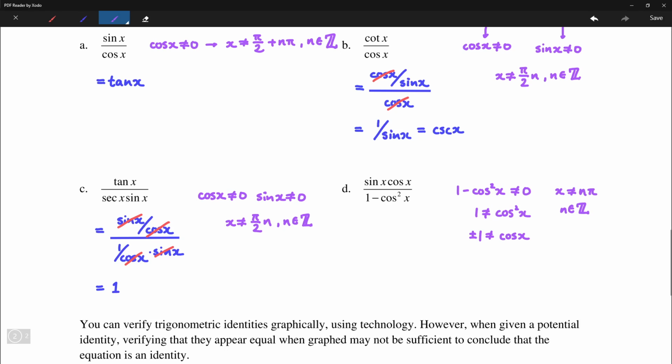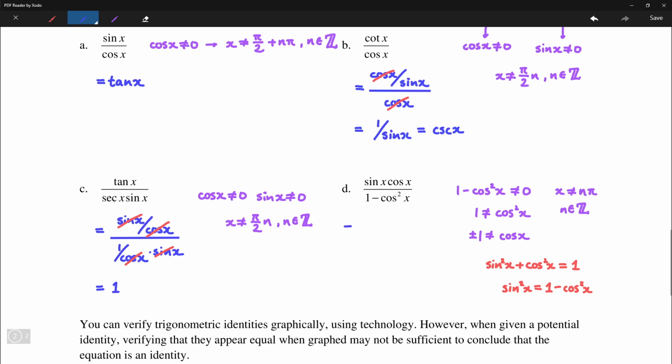Okay, so the other important piece here to simplify this expression is to consider the Pythagorean identity. So we have sine square x plus cosine square x is equal to 1. And so if we subtract cosine square x from both sides, we know that sine square x is equal to 1 minus cosine square x. And it is this corollary of the Pythagorean identity that we can use to work with this question.